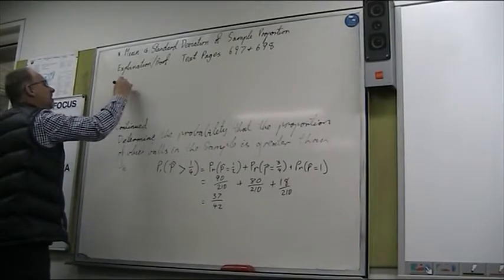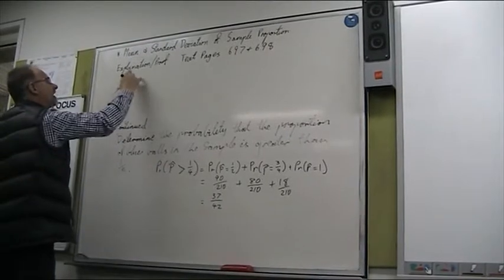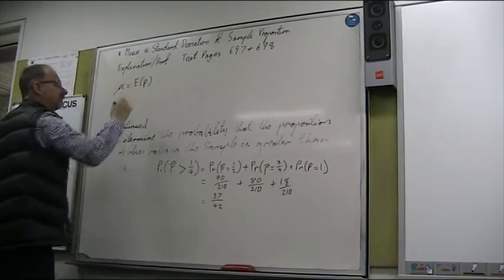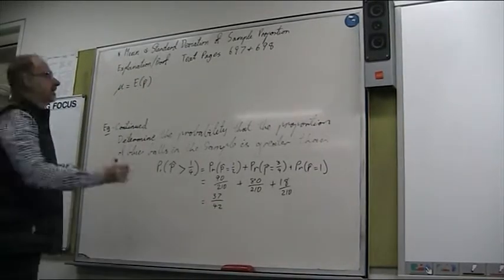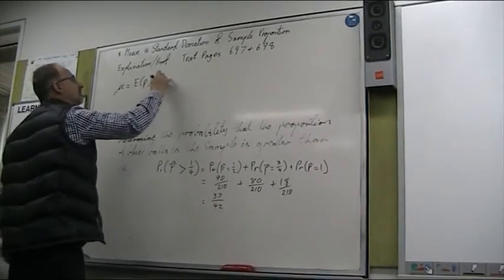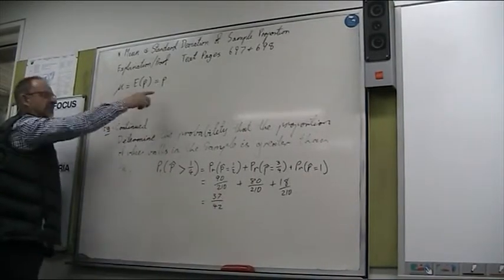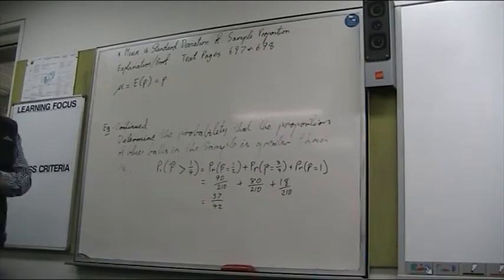So, our mean. So the expected value of our sample proportion is simply the population proportion. So if we take lots of samples, their proportion may be slightly different to the population proportion, but the expected value would actually be the population proportion.